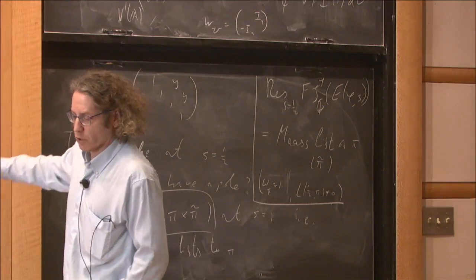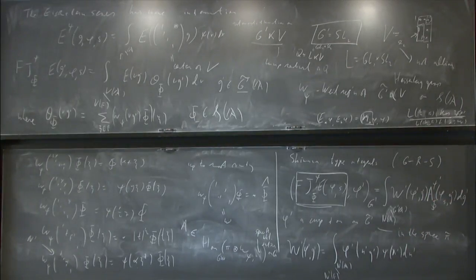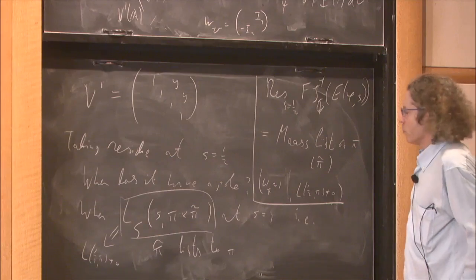Of course, you have some denominator from the Eisenstein series and local integral. Note that this vanishes unless phi prime is generic. I didn't have to assume that phi prime is generic, just that it's cuspidal. This computation would still be true, except that it gives you 0. So somehow it knows how to pick up only the generic ones.